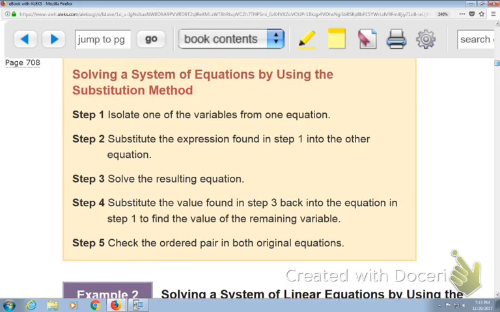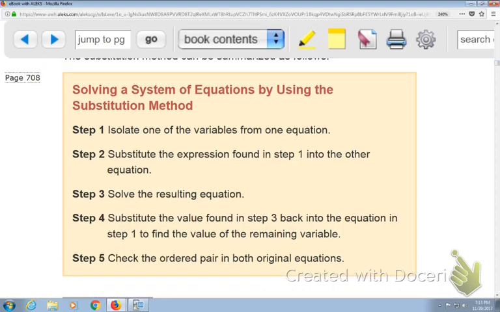So solving a system of equations by substitution. You pick one of the variables from one of the equations and you solve for it. So that means you either pick x in the first equation, y in the second equation, whichever one floats your boat, and you solve for it. Then you substitute, hence the name of the method, in the other equation.